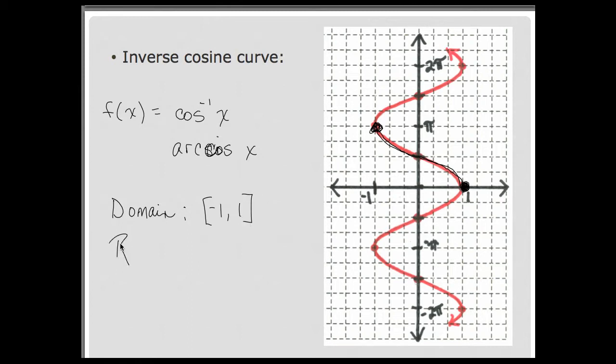And the range, which are our y's, notice how this is going from 0 to pi. But in doing that, notice how you're taking care of negative cosine values, you're taking care of positive cosine values. So pretty much you've got all your bases covered. That's kind of how they came up with these. Once again, it's this range part that you really need to know.